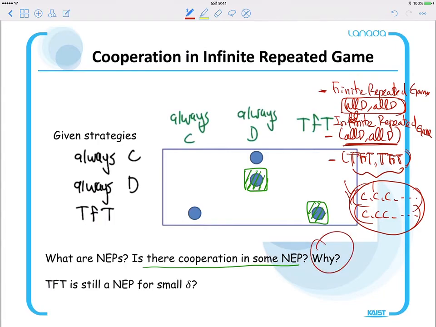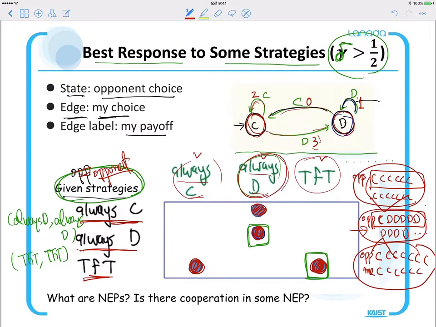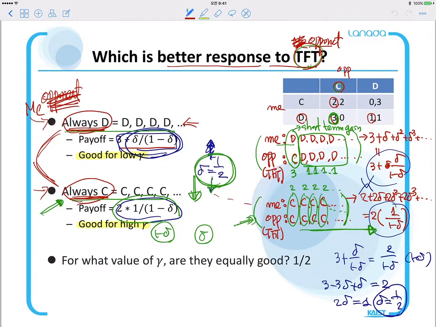Why is that? What happens in an infinite repeated game? Well, look at this one. What is a better response to the T for 10? I'm always playing C or probably T for 10, because the outcome will be the same, right?